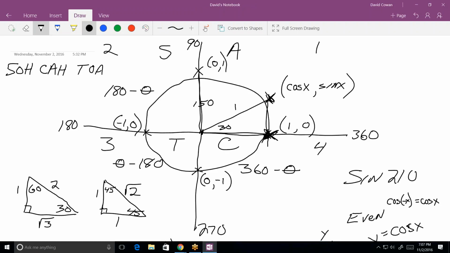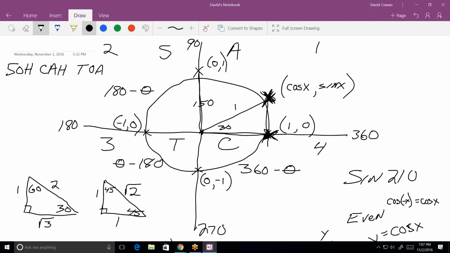So what's the x and y coordinate of this point right there? In other words, for a unit circle? So that would be of 30 degrees. Right. So I believe that would be 1 and 0.